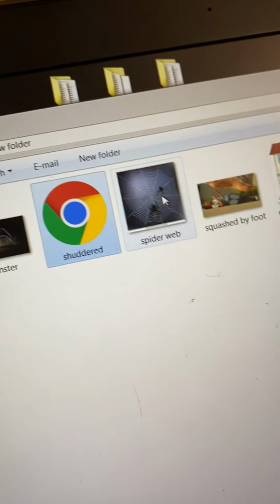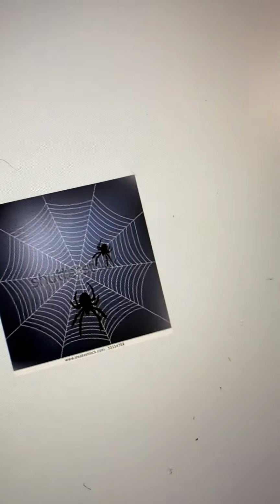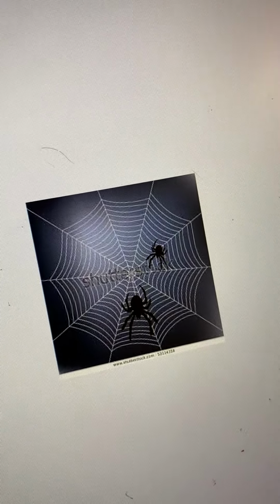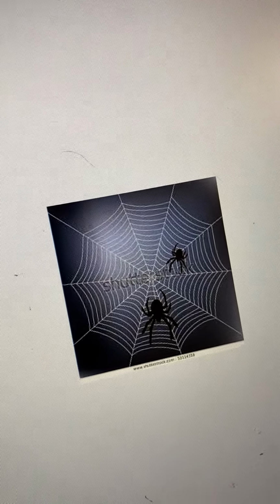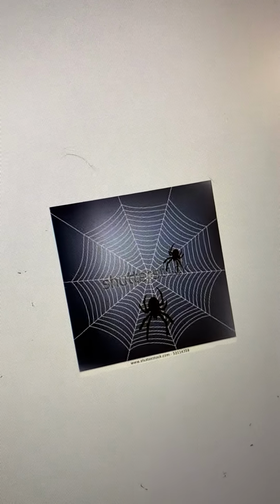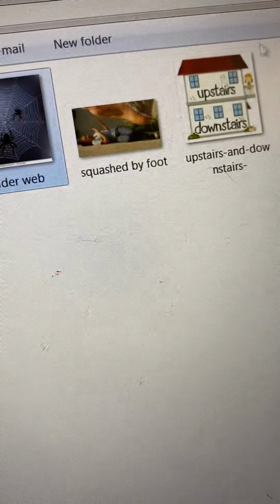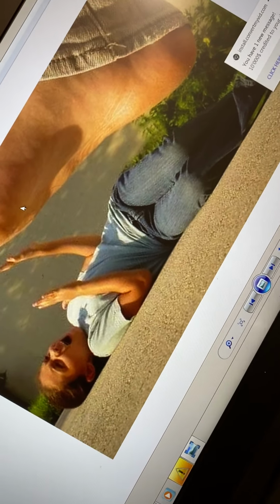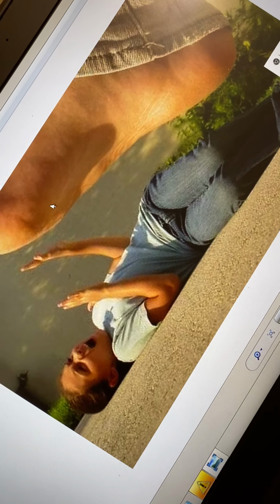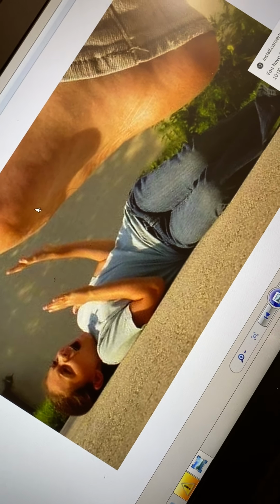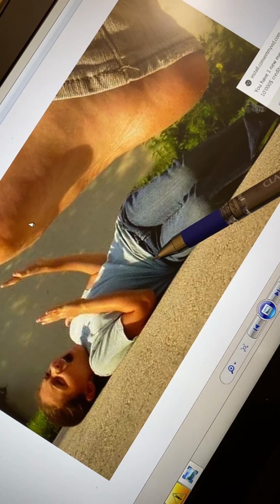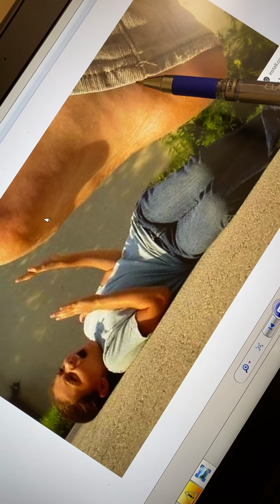Okay, what about this word? What is this? A spider web. Excellent. A spider web. What is this word? Squash. This is Katie and this is James's foot.